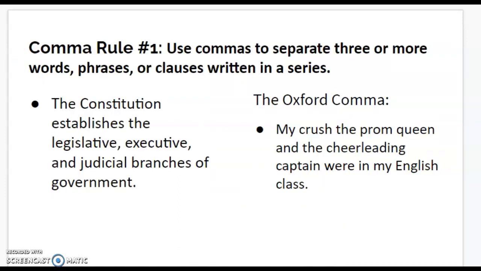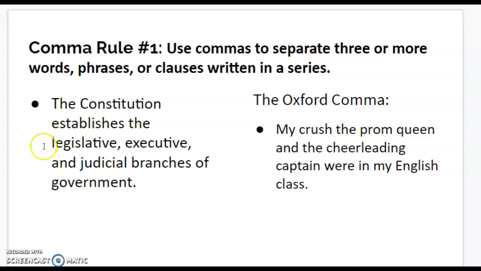Okay, so your first comma rule, this should be a review for most of you. Most of my students understand this rule, but we'll also talk about the Oxford comma. The first rule is to use commas to separate 3 or more words, phrases, or clauses that are written in a series. So for example, in the first bullet, you have the Constitution establishes the legislative, executive, and judicial branches of the government.